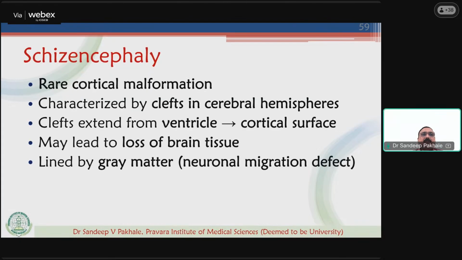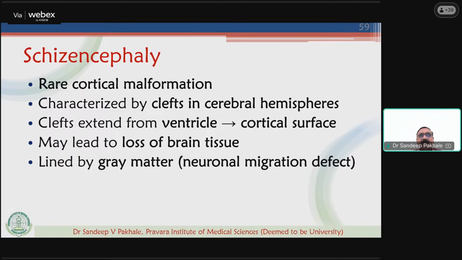Another anomaly is schizencephaly, a rare cortical malformation characterized by the presence of clefts in the cerebral hemisphere. These clefts typically extend from the ventricular surface to the cortical surface and are lined by gray matter, indicating a defect in neuronal migration.